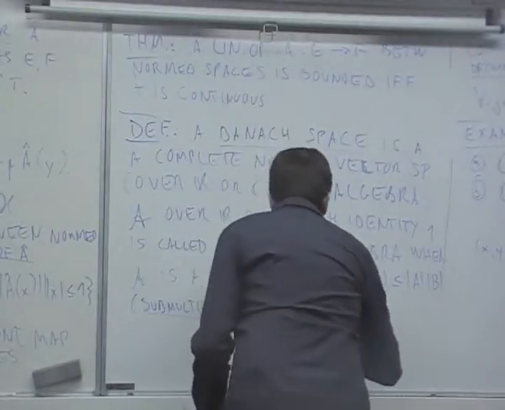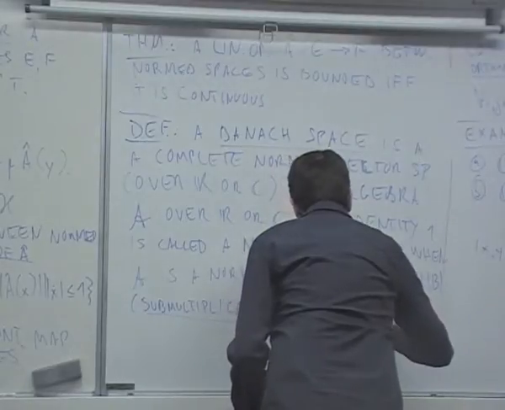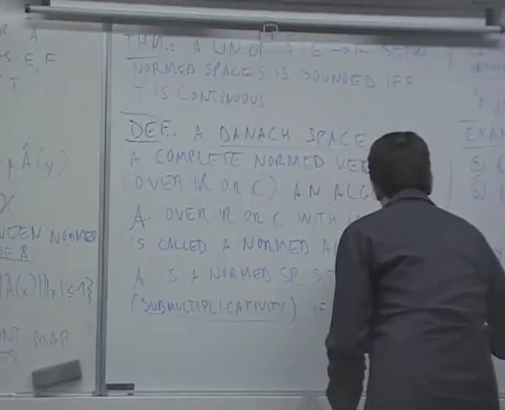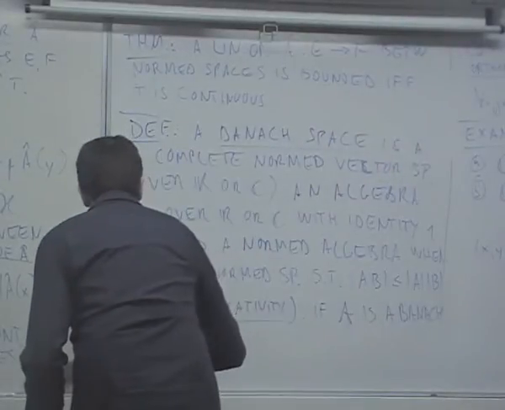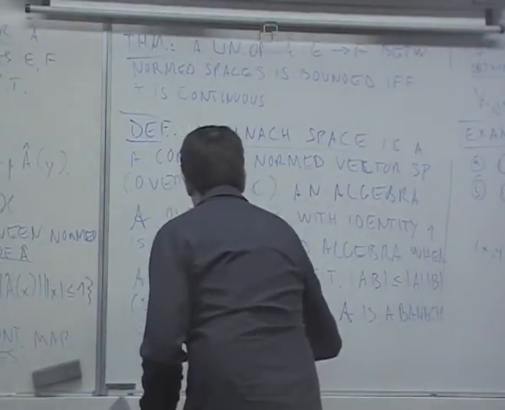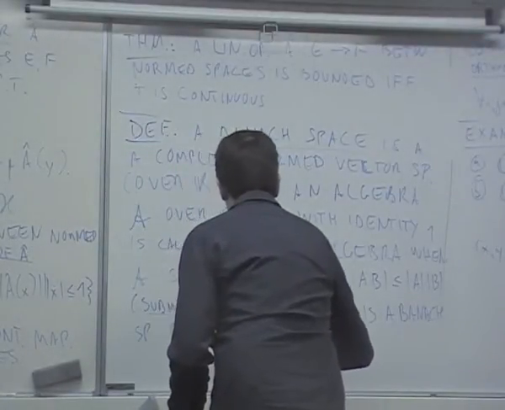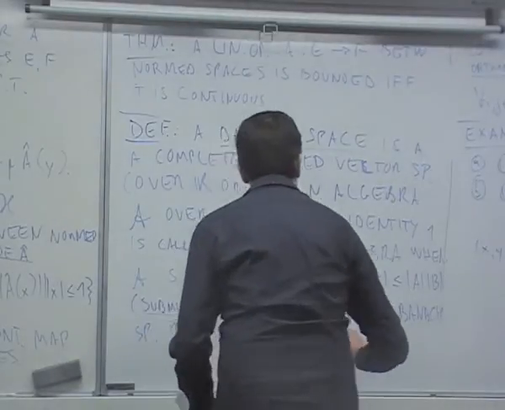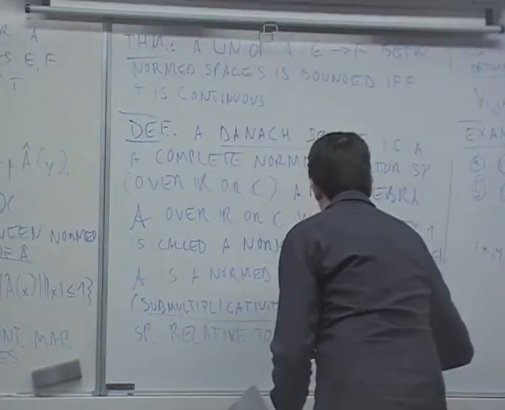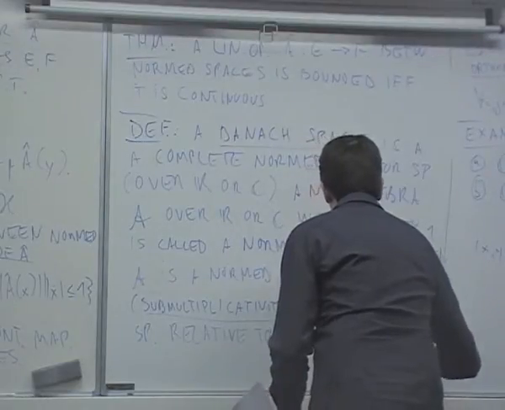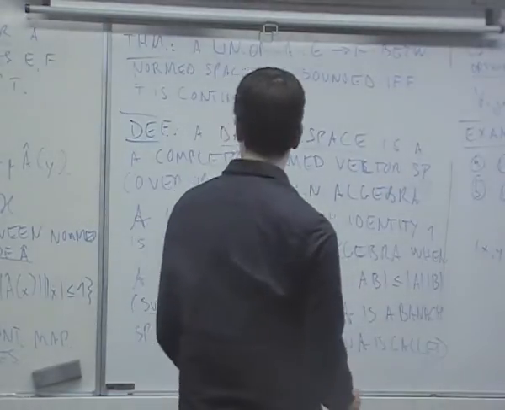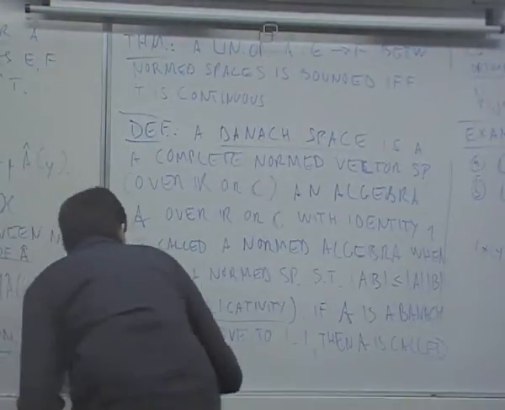Okay. And finally, if our algebra is a Banach space relative to this norm, then A is called a Banach algebra.